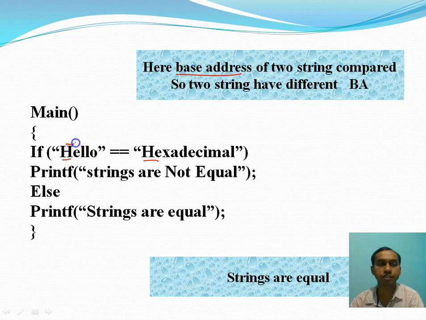So this base address is different and that base address is different. Both base addresses will be different, so the condition is false, not equal. So it will go to the else block. All the strings have different base addresses in the same program, so it will go to the else part.